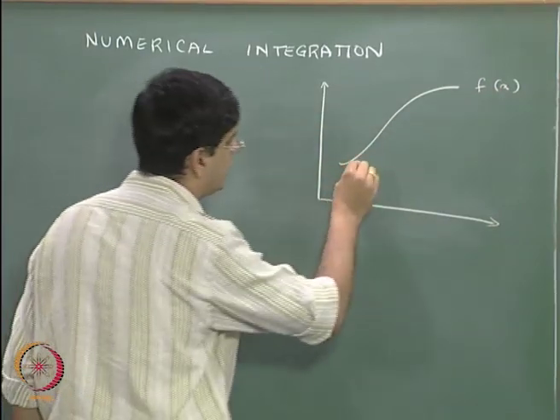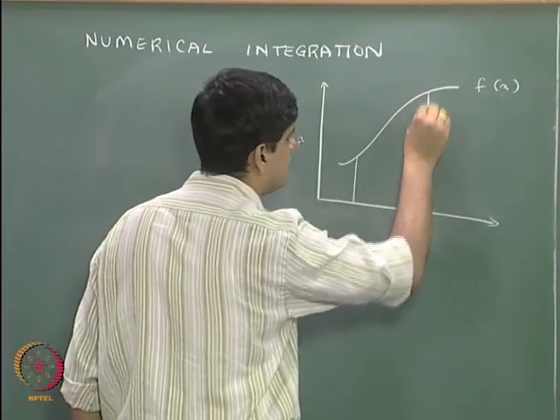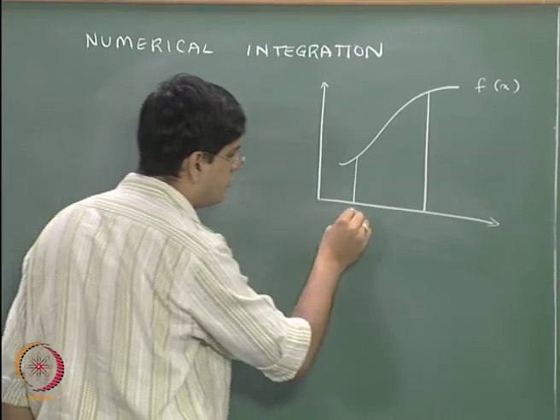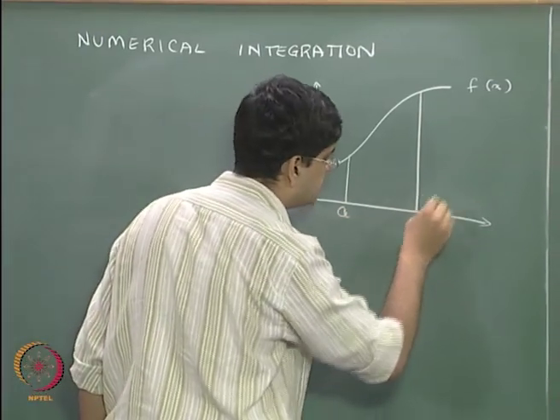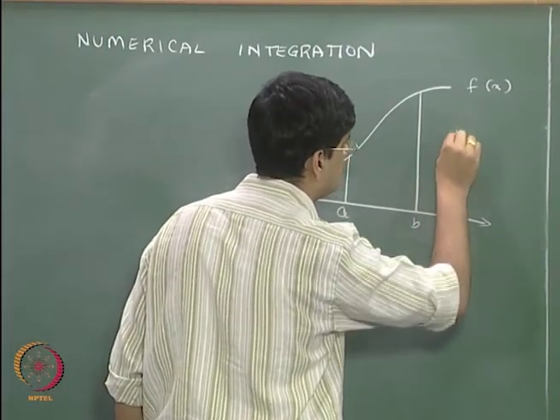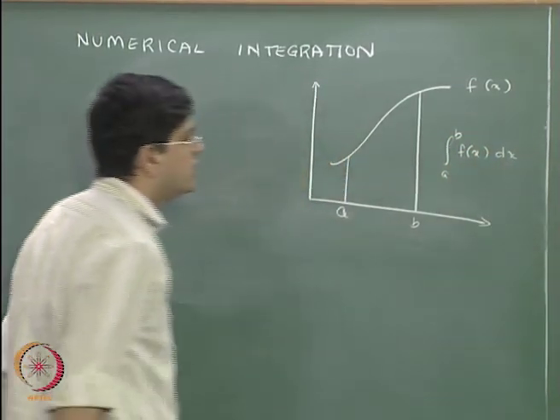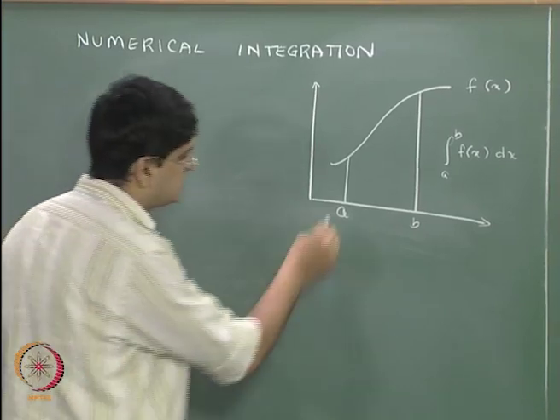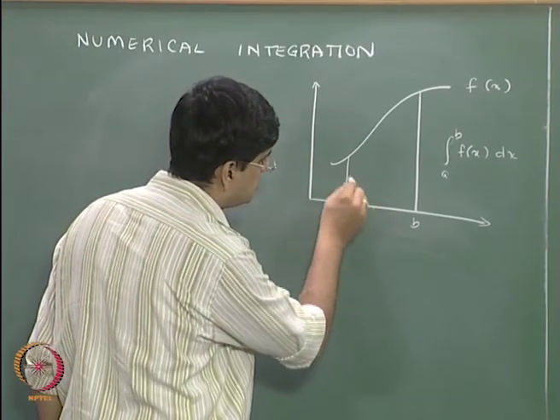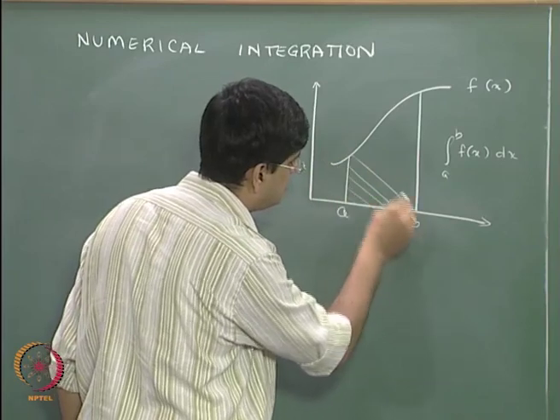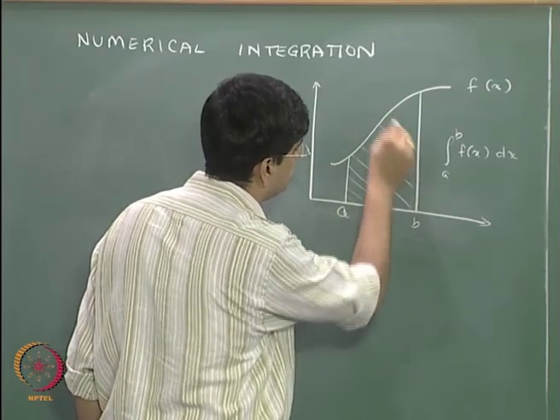okay, and we want to find the integral of f of x dx. Okay. So this integral of f of x dx is nothing but this particular area under the curve.